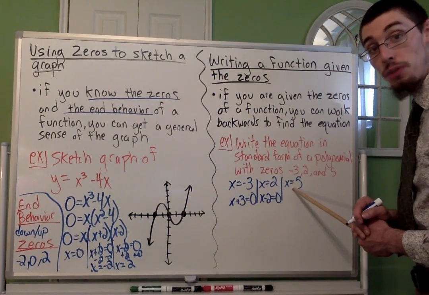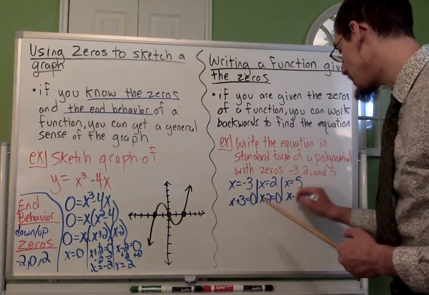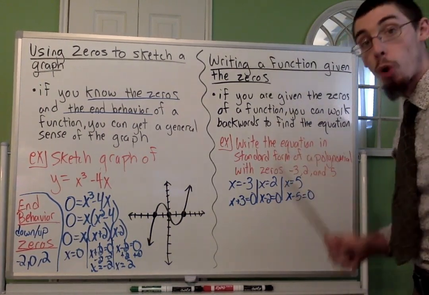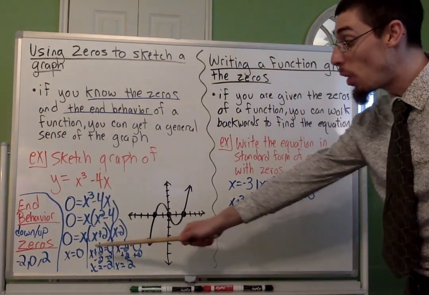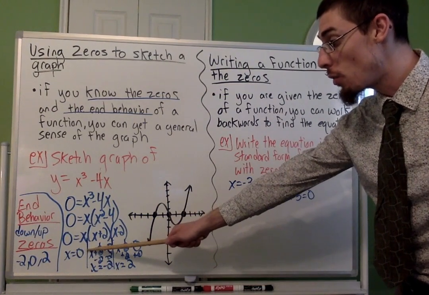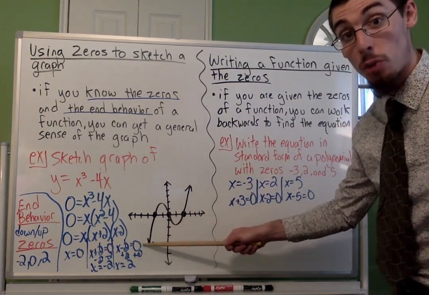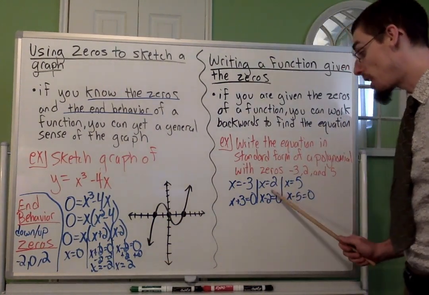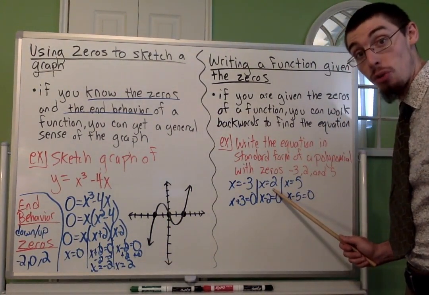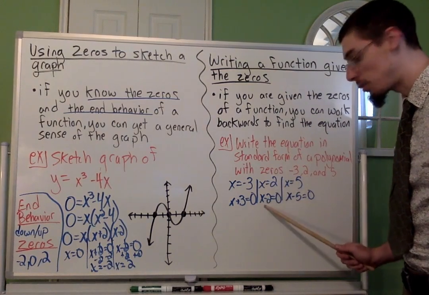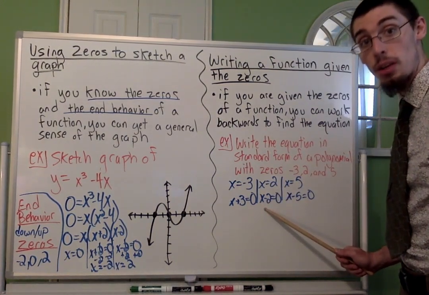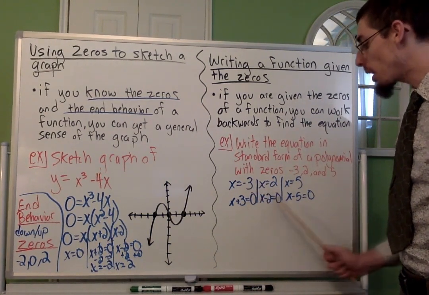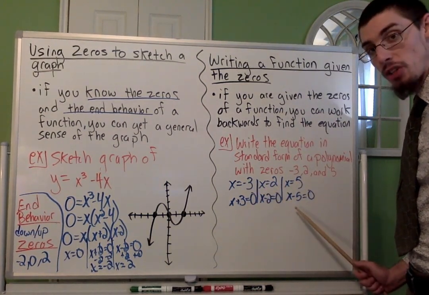If x equals 5, it would be x minus 5 equals 0. You're working backwards. So here, I go from like x minus 2 equals 0 to x equals 2. Well, here I go x equals 2, and I work backwards to make it x minus 2 equals 0. So I work backwards with the equations.